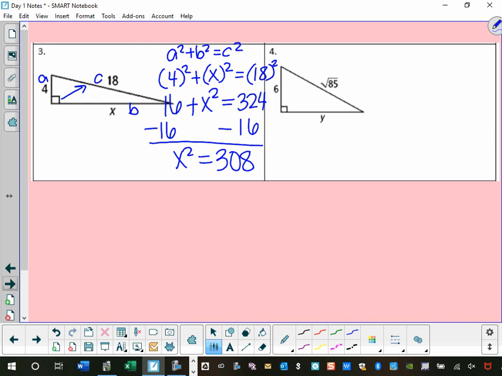Aaliyah, what's the square root of 308? Taking the square root of 308.